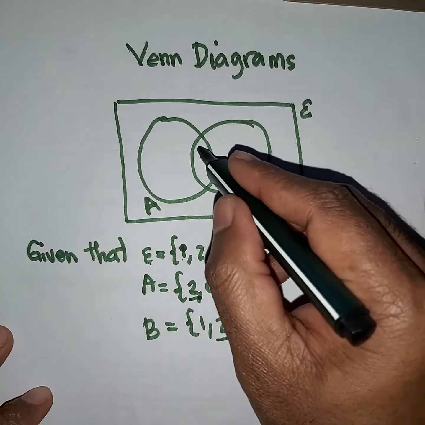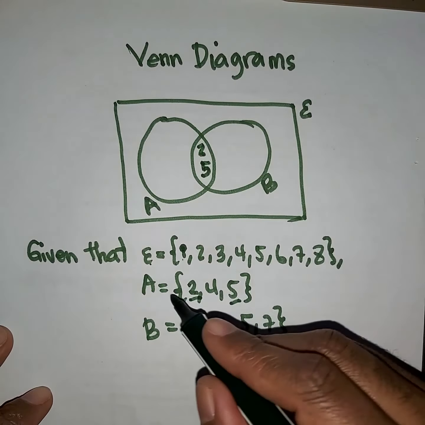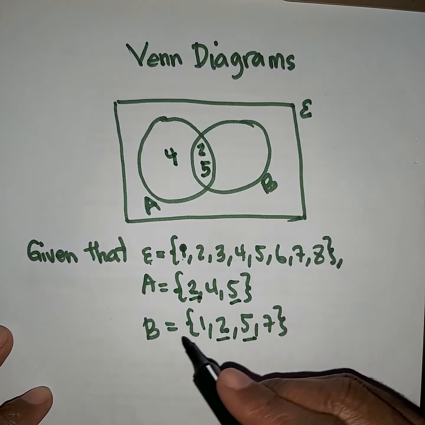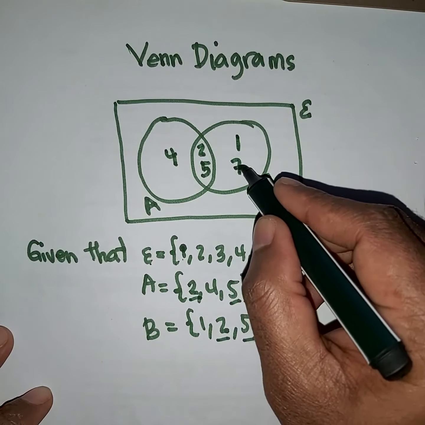So 2 and 5 must go inside here. Then 4 goes in set A, and in set B you get 1 and 7.